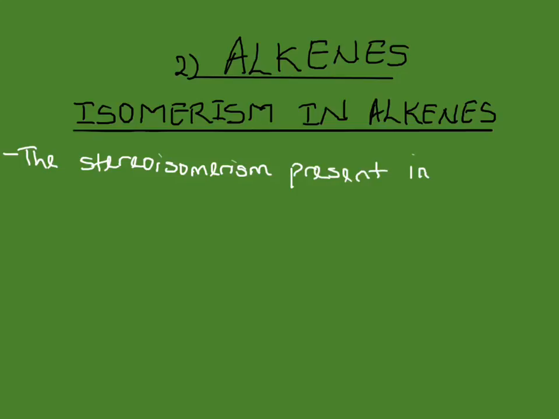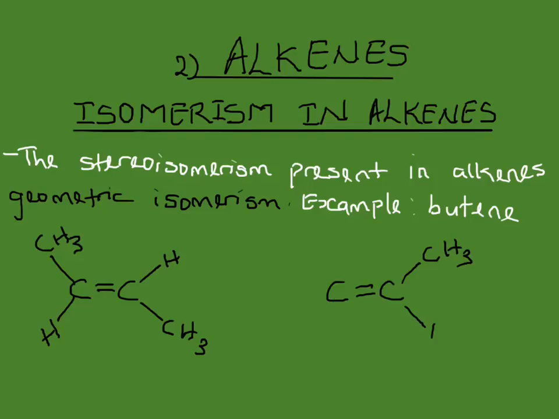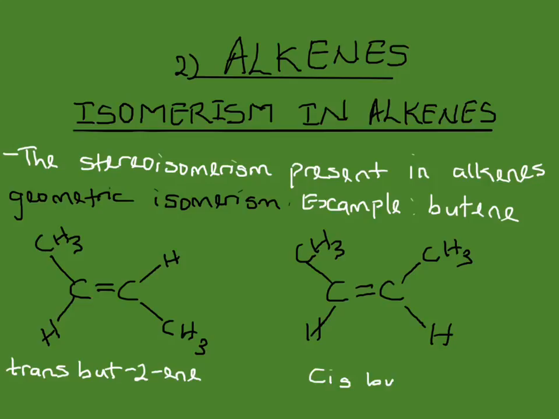The stereoisomerism present in alkenes is geometric isomerism. For example, if you take a keen look on the board there, you see trans-butene and cis-butene. The stereoisomerism alkenes exhibit is geometric isomerism, like I earlier said, which results in trans and cis isomers.